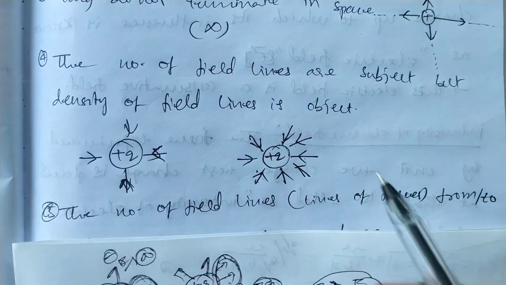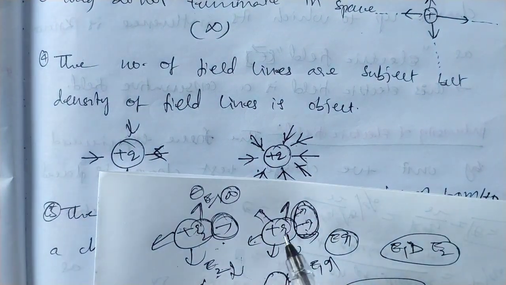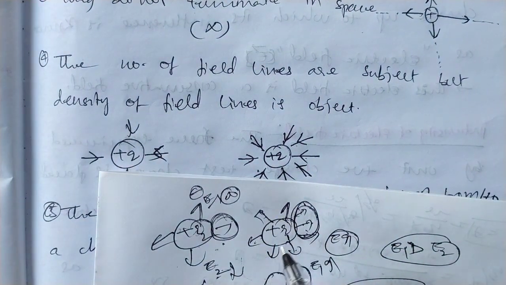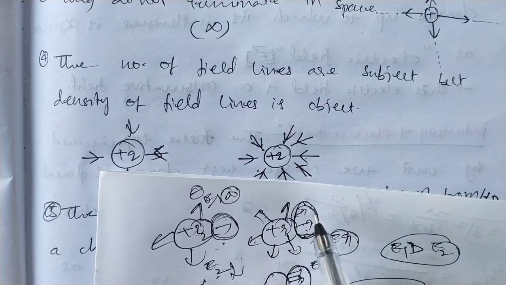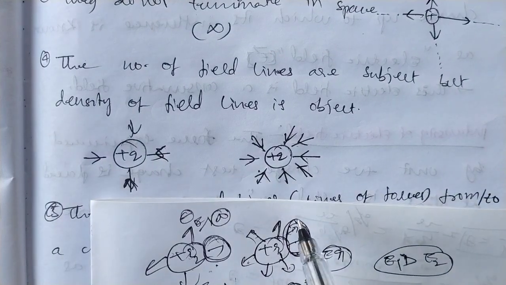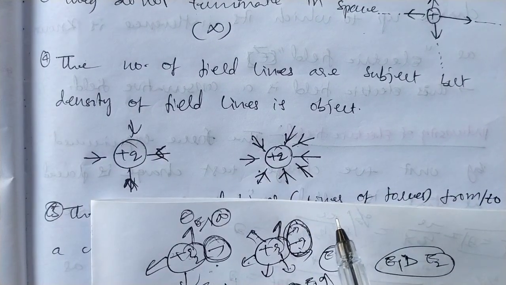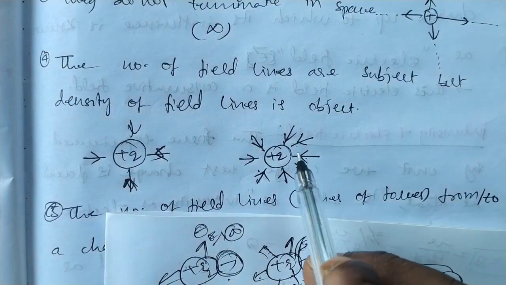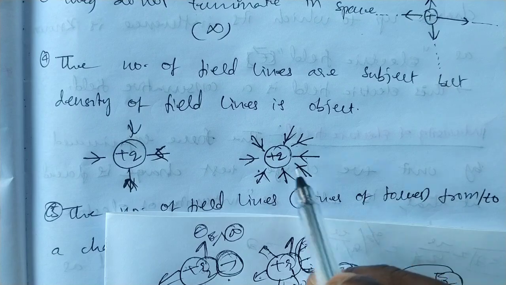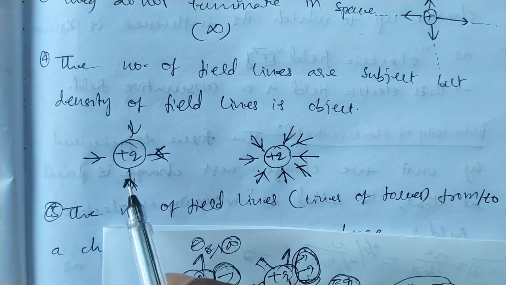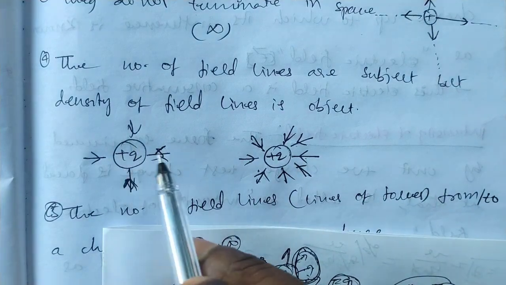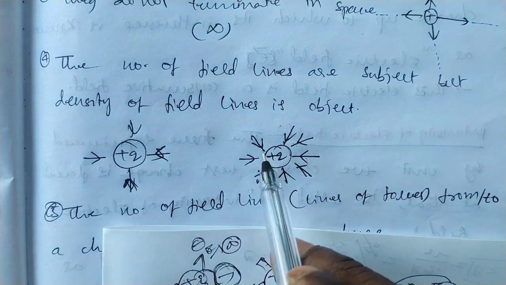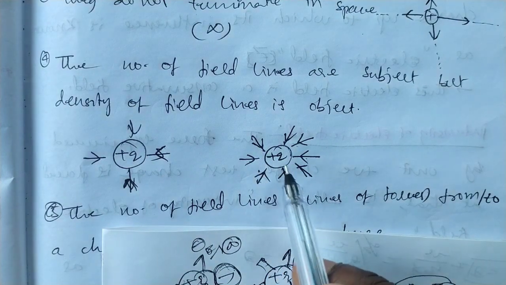That means the density depends on how many lines pass through the area, which is nothing but flux. I will discuss flux in the next class. Flux is how many lines of force go out from a charge.